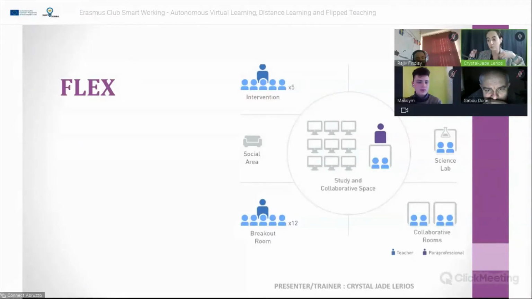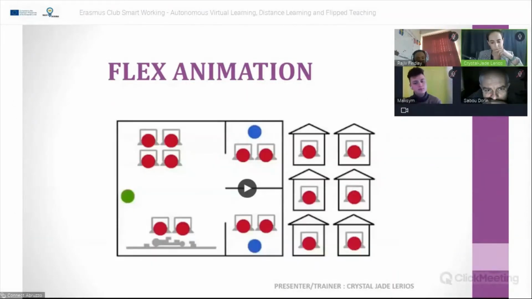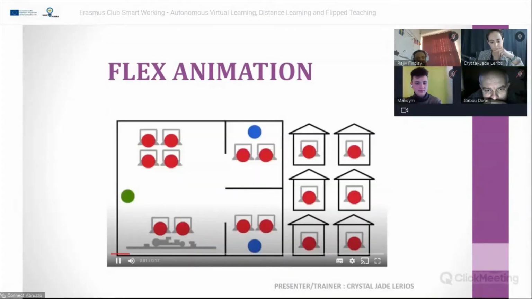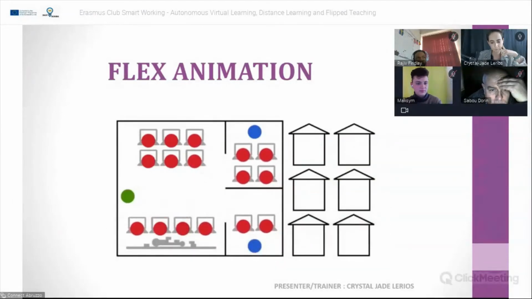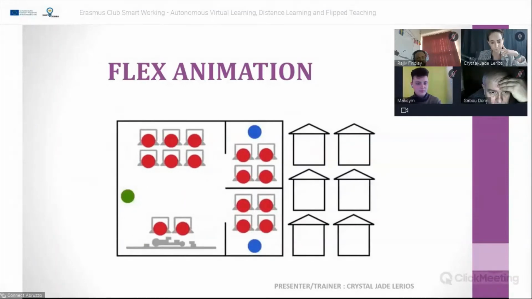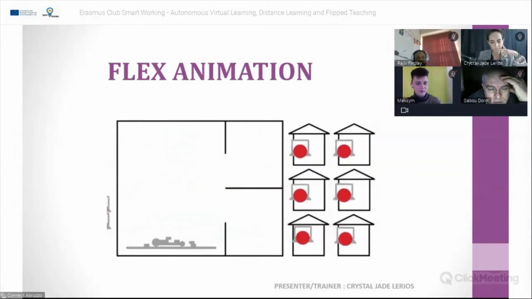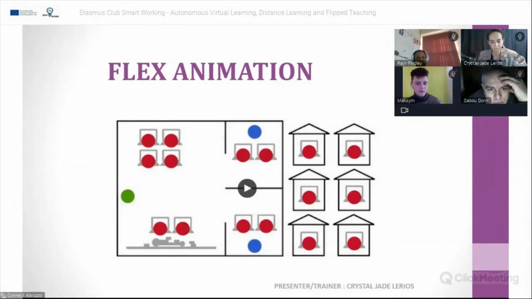It needs a lot of infrastructure. So we're not going to focus on that too much. Next slide, please. So you can see there's a lot of moving around. Next slide.